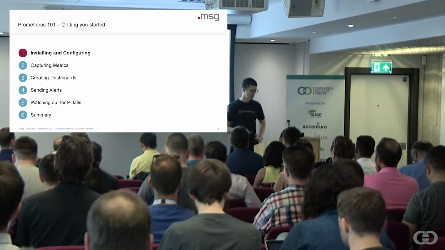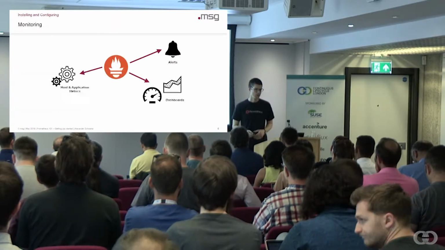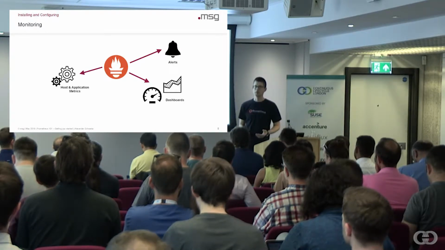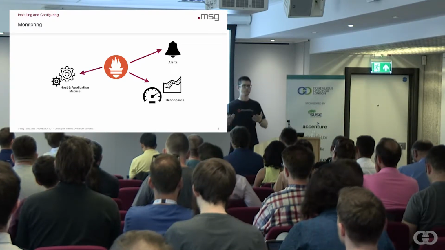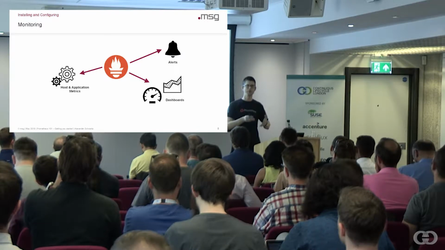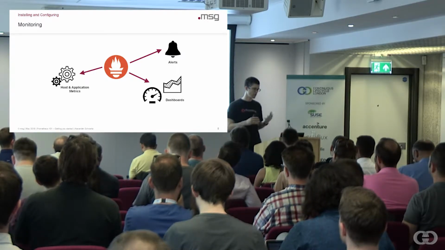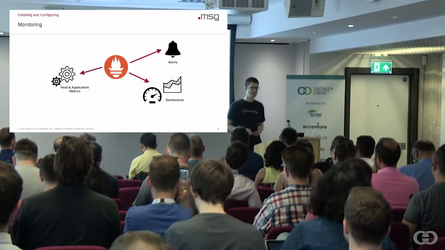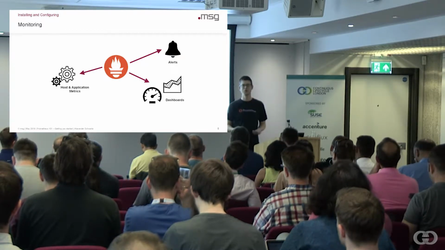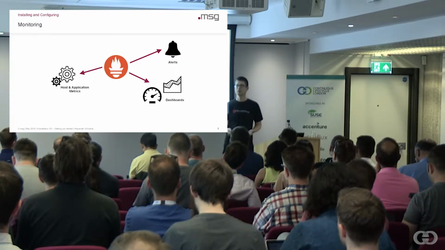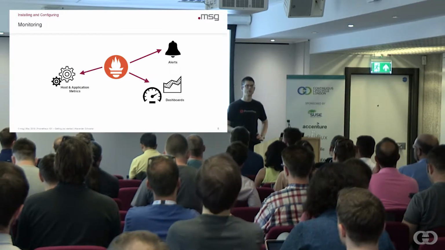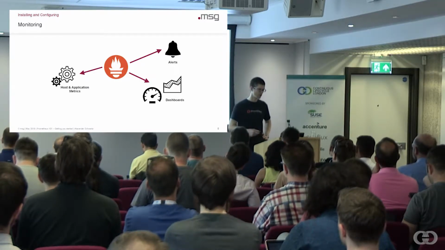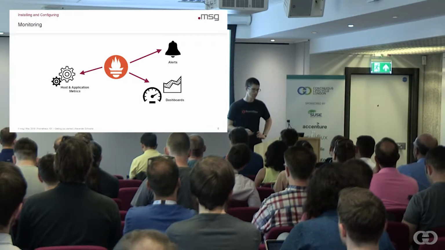Right. So Prometheus. Prometheus is for monitoring. And well, for monitoring, what we want to do is we have applications, we have hosts, we have all our infrastructure that we are running. And well, at some point we want to send out alerts. We want to send out alerts if something is not working as we expect it to work, if something is not working as our users are expecting it to work.